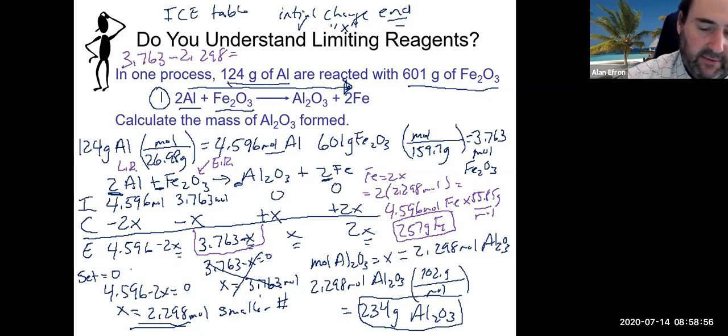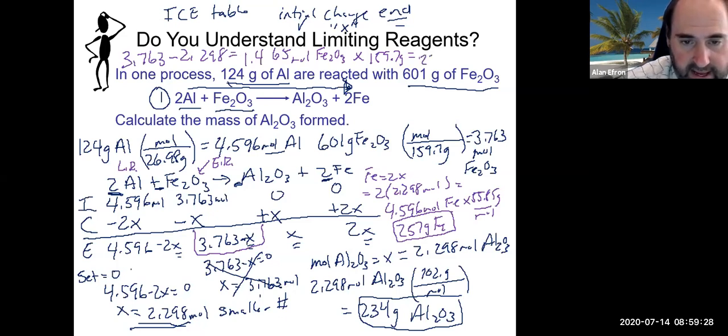That would tell us really quickly that we had 1.465 moles of our excess reagent left over, which we then could times by the molar mass, which is 159.7 grams. And we would see we had about 234 grams of our excess reagent left over.